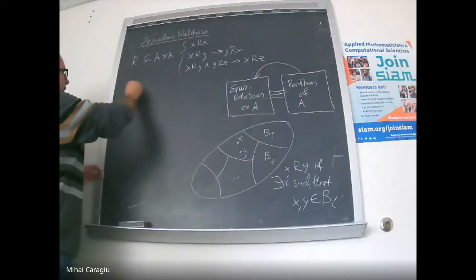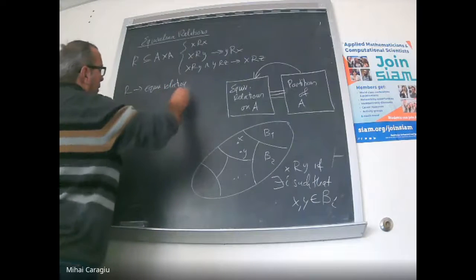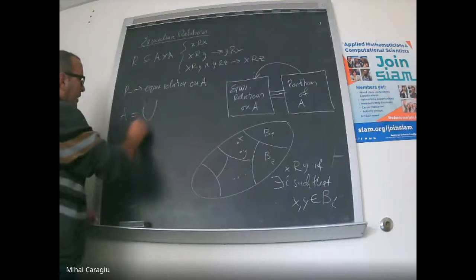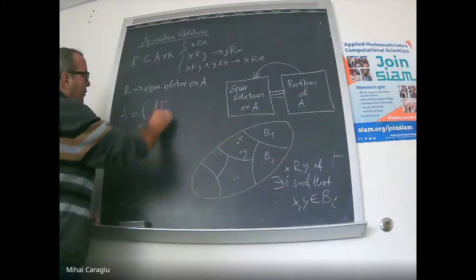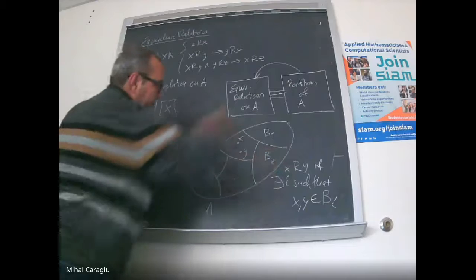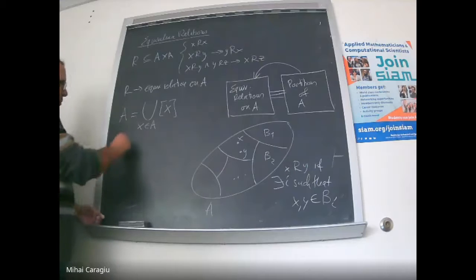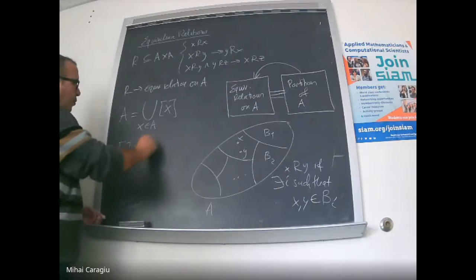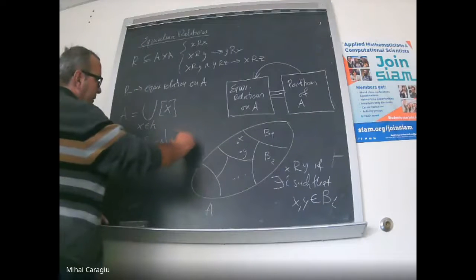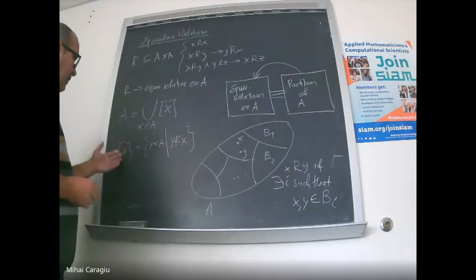If R is an equivalence relation on A, then the partition of A is the union over all elements X in A of the blocks of X. So if X is an element of the set A, the block of X is all the elements related to X. So the block of X is the set of all Y in A with the property that Y is related to X. That's the block of the partition containing X.